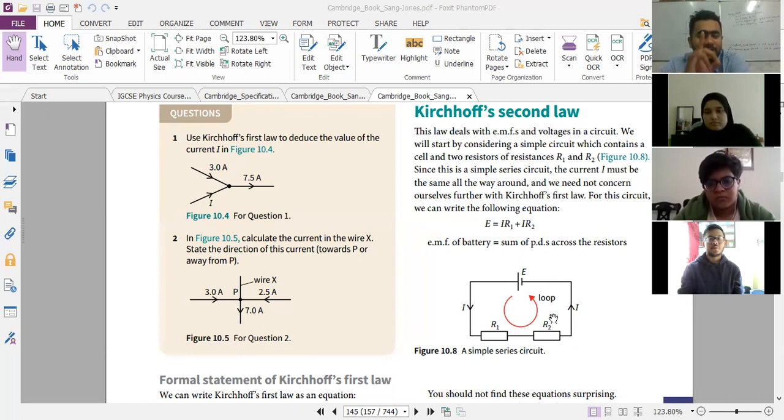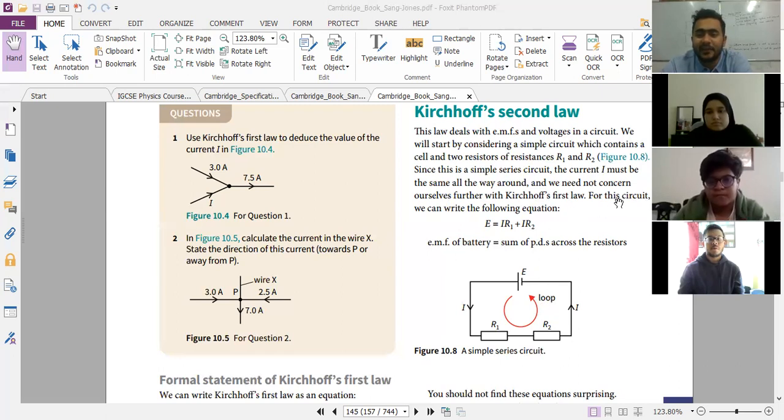Why? Because there is only one current, which means the charge is conserved through the circuit. The amount of charge entering a resistor or a component is the same amount of charge exiting the same component or resistor, right? So we are not much concerned with that. What will we be concerned with then? The second law. What is the second law?